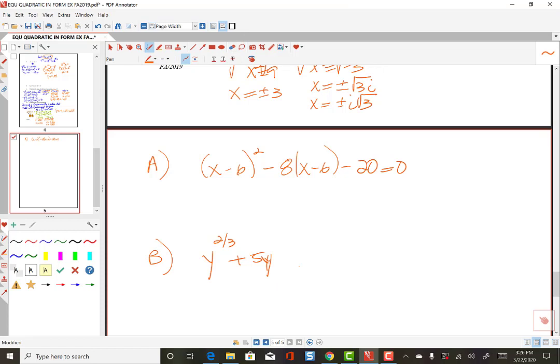Let me fix that. Okay, as I said, you get to learn to work all these new toys here. It takes a moment. So how about 5y to the 1/3 plus 4 is equal to 0. So try those two problems and see what happens.